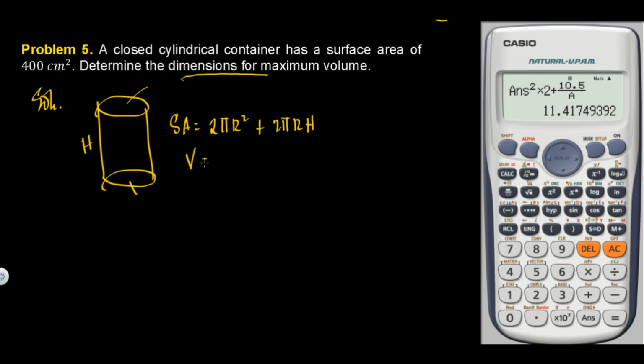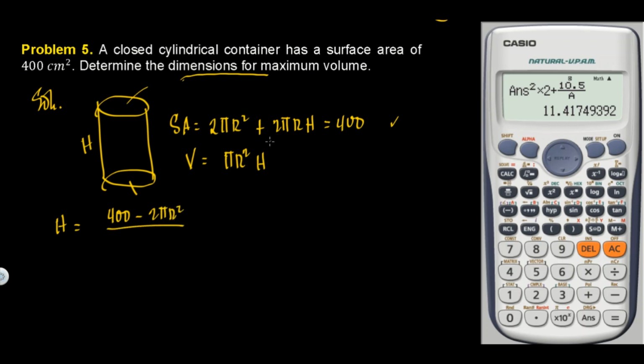So, the volume of the cylinder is the area of the base, the circle, so pi r squared, times the height. Okay? So, what else is given? Surface area is 400. Solve for h here. So, h is equal to 400 minus, transposing 2 pi r squared to the other side, minus 2 pi r squared.